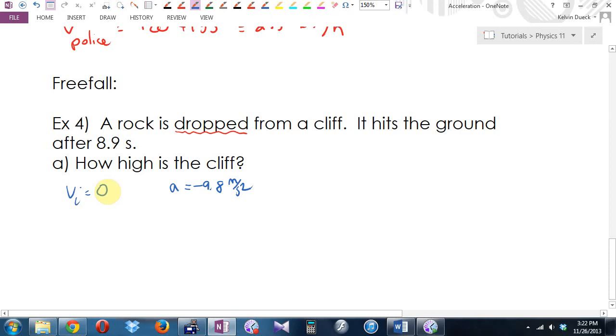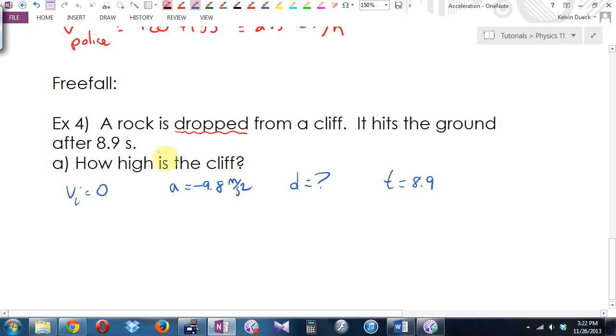Which is, because high is not a variable in my formula sheet. When they say how high, what are they really talking about? Oh, D? Right? And there's one more thing the question told me. What? Have I got an equation that has D, VI, T, and A in it?